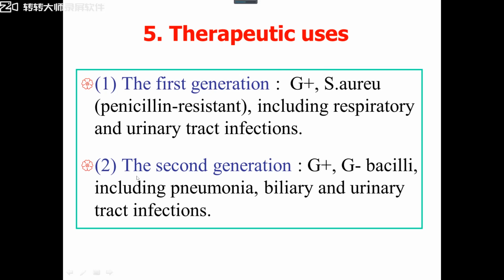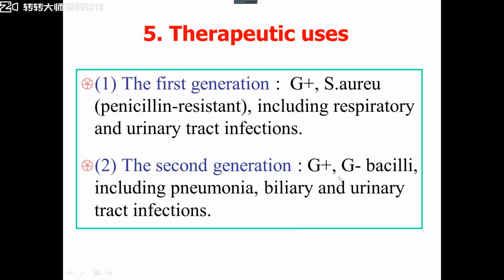The second generation cephalosporins can kill gram-positive and also gram-negative bacteria. So clinically they are used to treat pneumonia and biliary and urinary tract infections. In fact, the second generation cephalosporins are mainly used to treat gram-positive and gram-negative mixed infection.